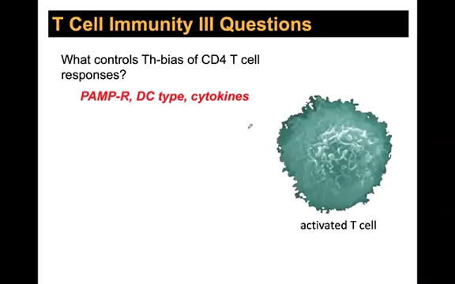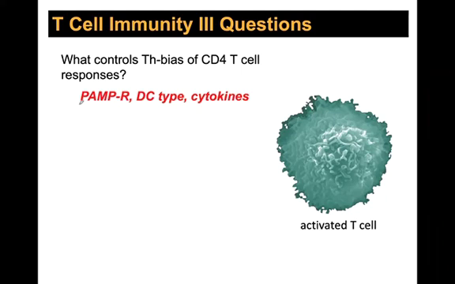Okay, so I'm going to end there, because you could study the different types of helper cell biases, and many people have made careers on that. For the purposes of this class, it's easier just to think about what kind of infection it is, and how does that lead to the right cellular and antibody response.